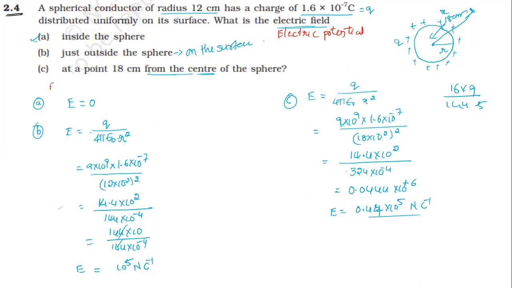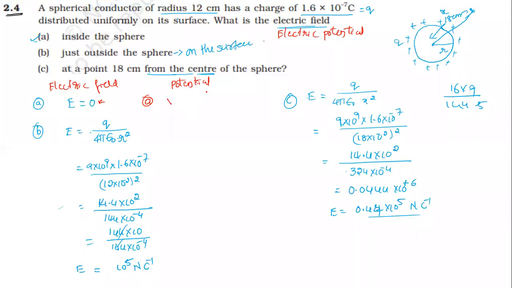This is for electric field, and this is for potential. Now tell me, what will A part of the answer be, students, for potential? Since the electric field inside is 0, the potential remains constant and is equal to the potential at the surface. Yes or no?